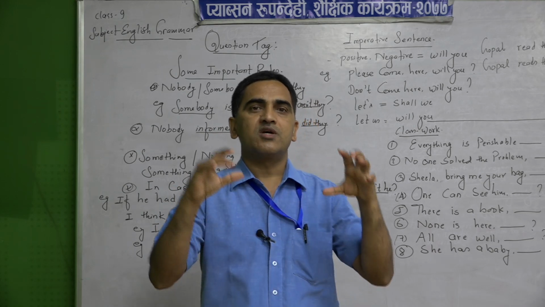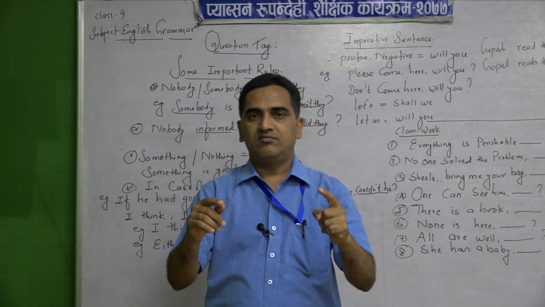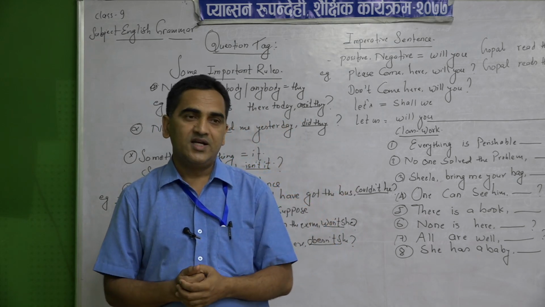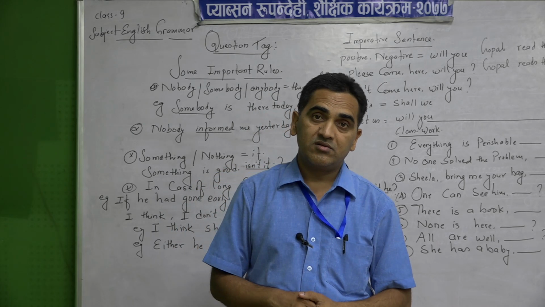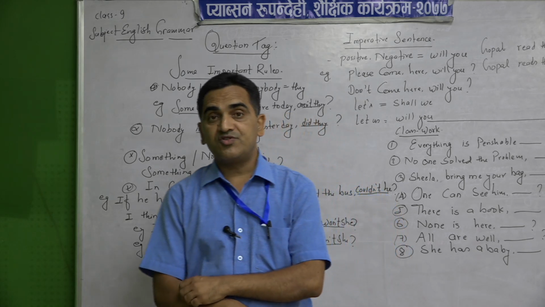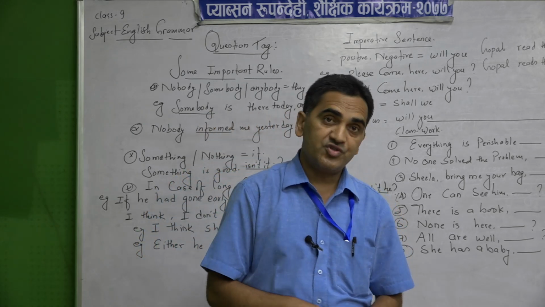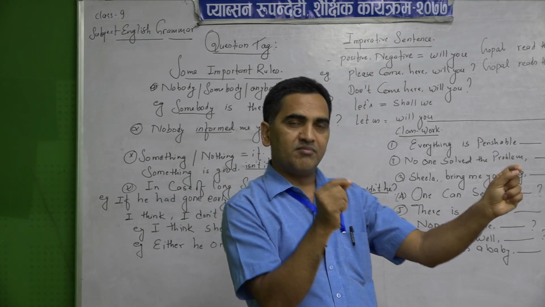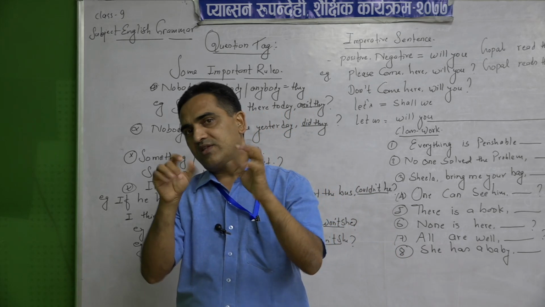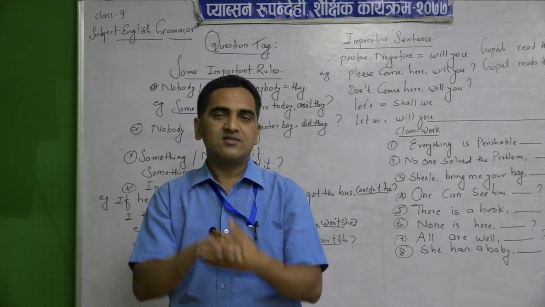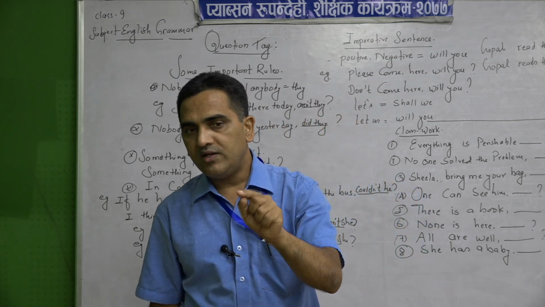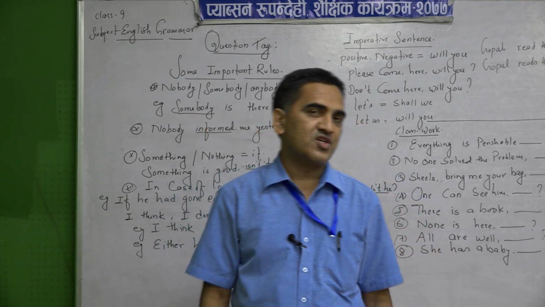Without learning forms of the verbs, you cannot write anything correctly in grammar. You cannot solve transformation, you cannot write voice, speech. Each and every part is linked with the verbs. So my dear friends, you have to read thoroughly all the sentences.